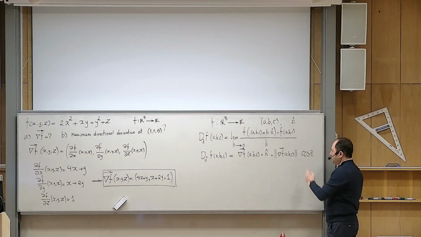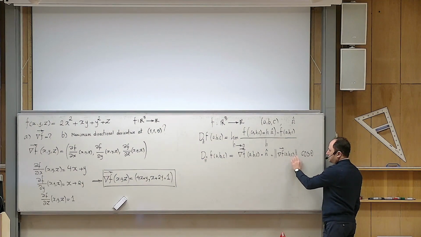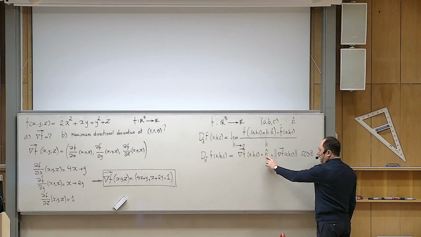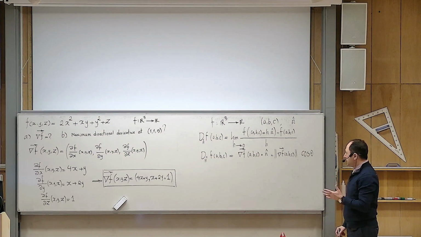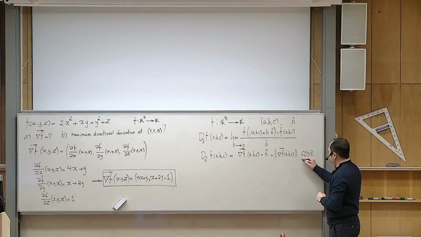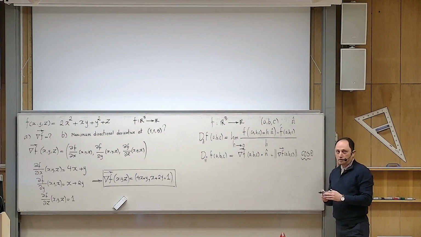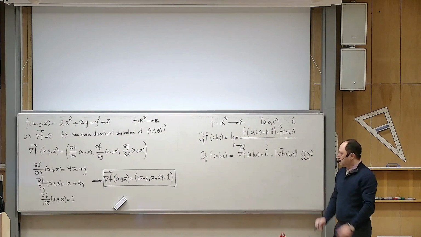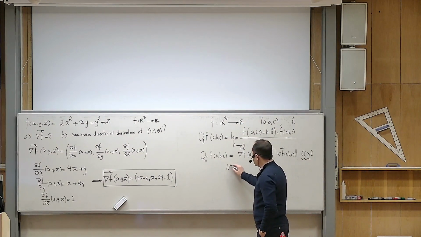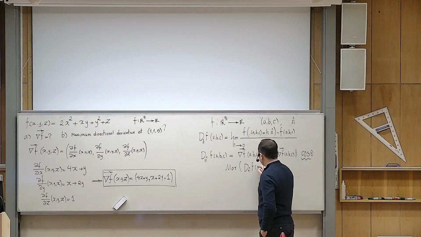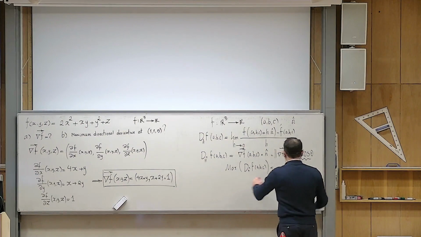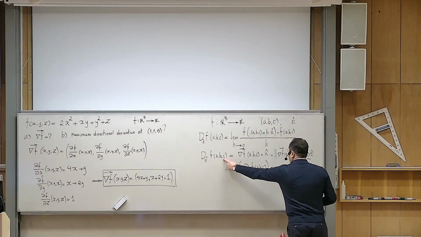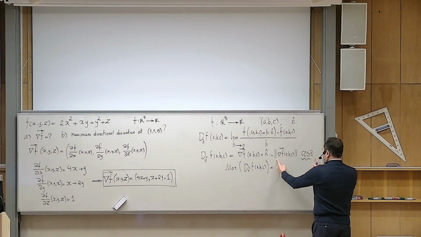Okay? So of course this theta depends on n as well as which point we're looking at in the problem. But then it becomes clear, because we know that cosine theta is maximally 1. So if I ask you what is the maximum of the directional derivative calculated at this point, you would say that maximizing this quantity means maximizing this quantity.